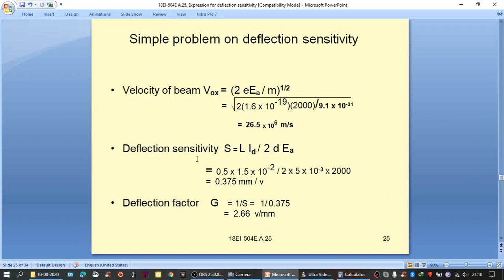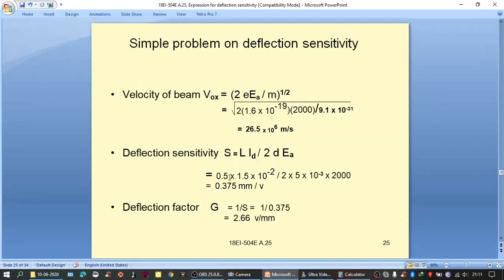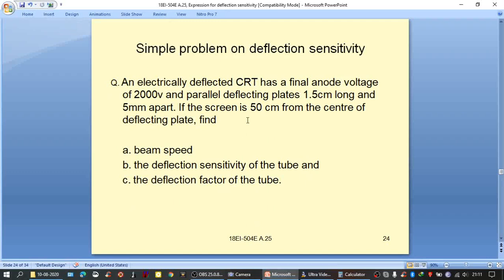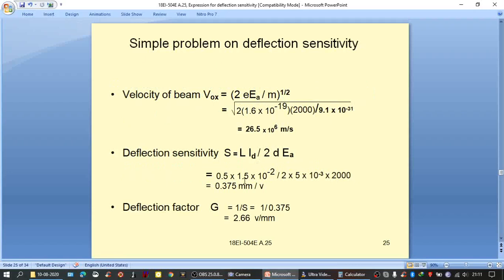Then deflection sensitivity. The expression for deflection sensitivity is L LD by 2 D into EA. L is given as 50 centimeters, that is 0.5 meters, and LD is given as 1.5 centimeters, so 1.5 into 10 power minus 2, divided by 2 into D, which is 5 millimeters, so 5 into 10 power minus 3, into 2000.